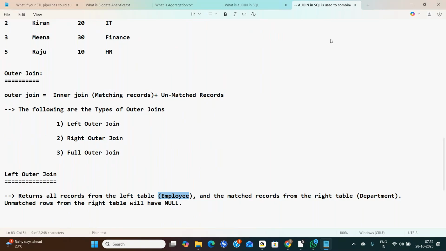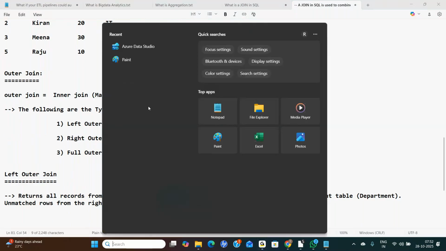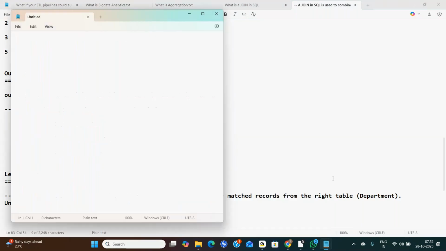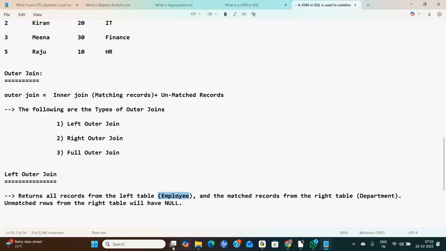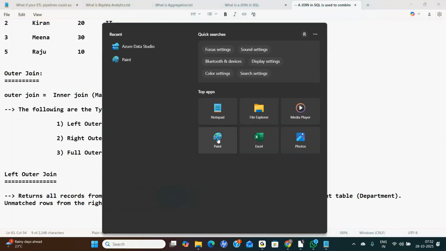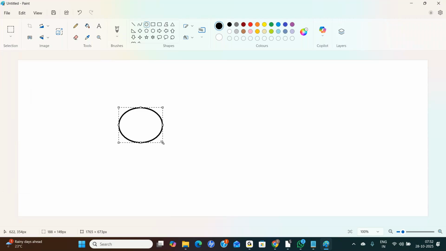And suppose if you try to write a Venn diagram, I will draw the Venn diagram, guys. Please try to look at it, as it may be easier to understand.